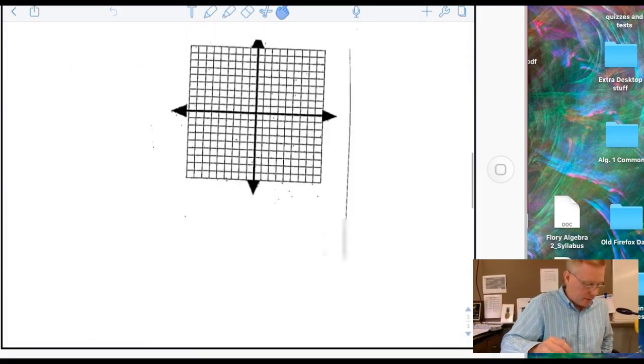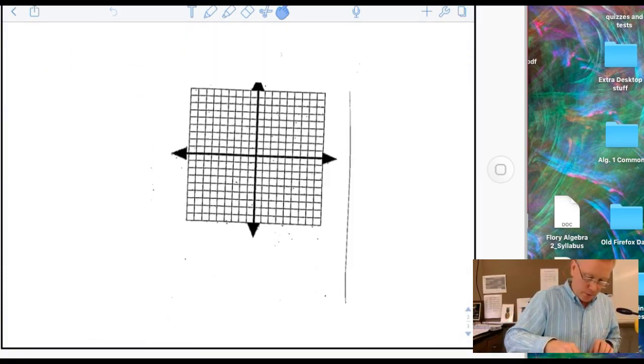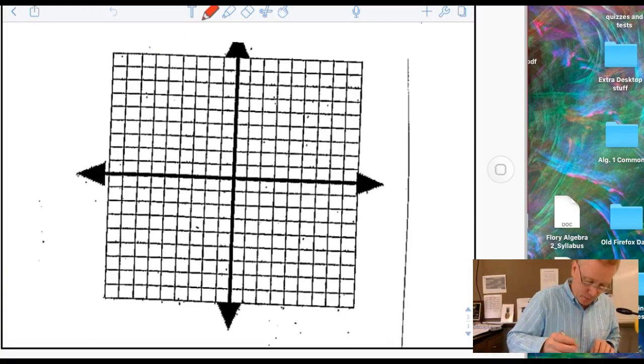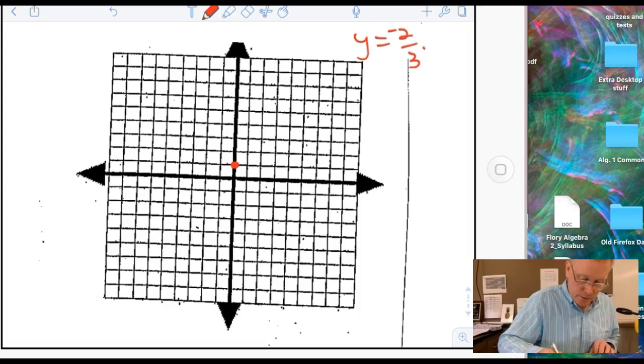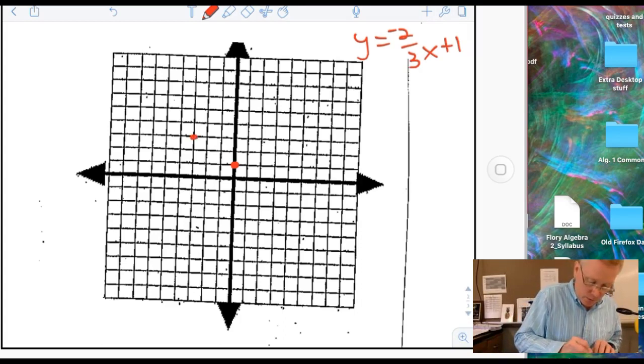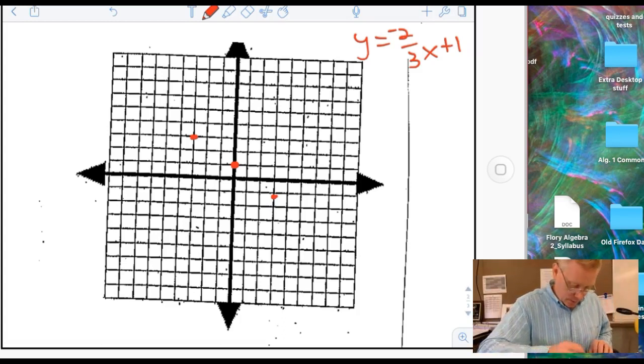If I graph these, so I got y equals negative 2/3 x plus 1, y-intercept. And then I got a slope going negative 2 over 3 is this direction, 2, 3. Okay, so I get something like this.